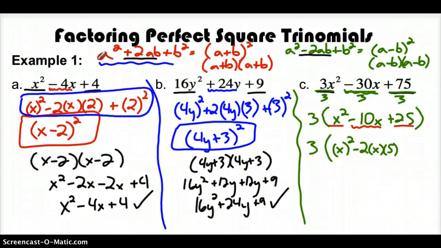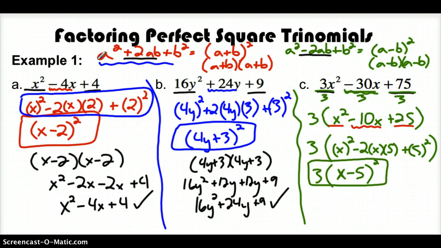And then plus b squared. In the end, our final pattern will look like 3 multiplied by x minus 5 squared, and this would be our final answer.